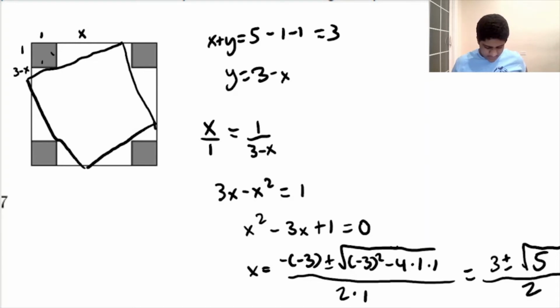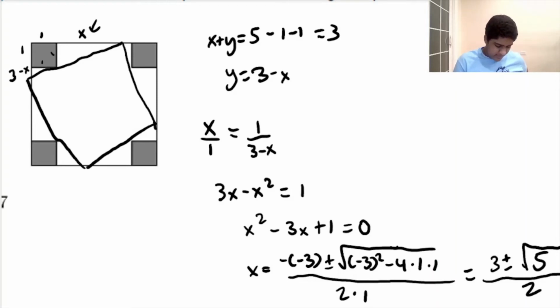And now we just look at, so we know that x is going to be equal to 3 plus or minus root 5 over 2, but we also notice that 3 plus root 5 over 2 plus 3 minus root 5 over 2 is just going to be equal to 3, which means that one of these roots is going to be x, the other is going to be 3 minus x.